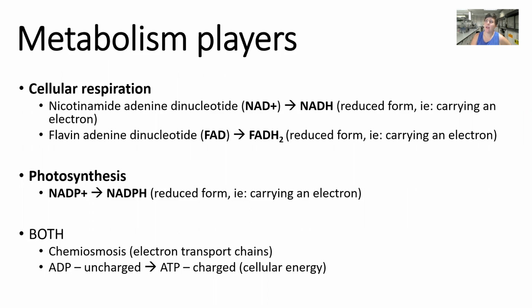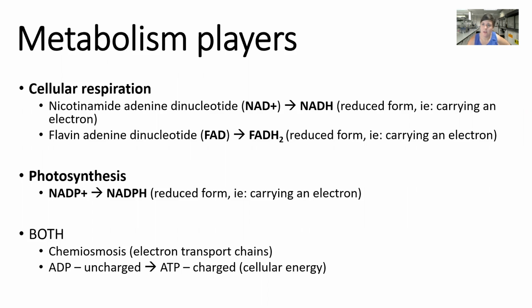We talked a little bit about redox reactions in the previous lecture. Remember that with an oxidation reaction, electrons are released, and you have to have some other molecule to grab those released electrons. In this case, you have what are called electron carriers. In terms of cellular respiration, you have 2 primary electron carriers.